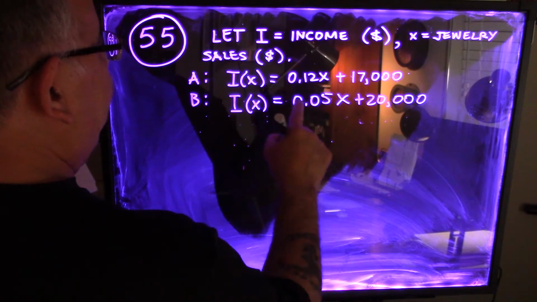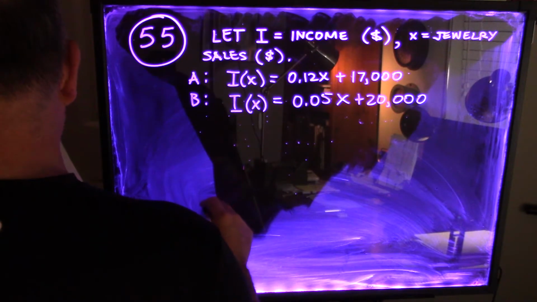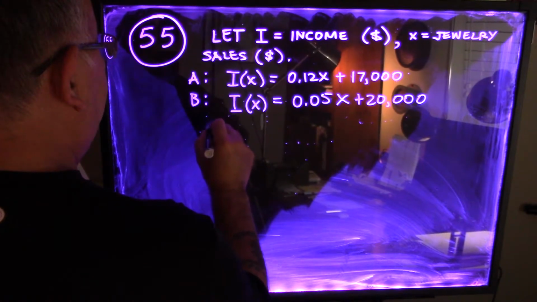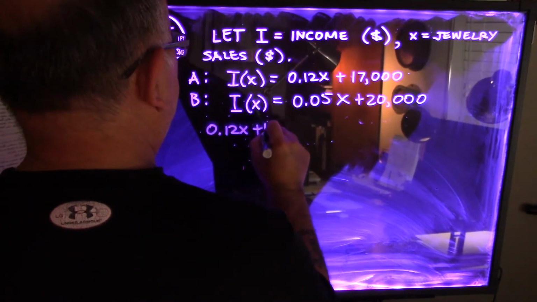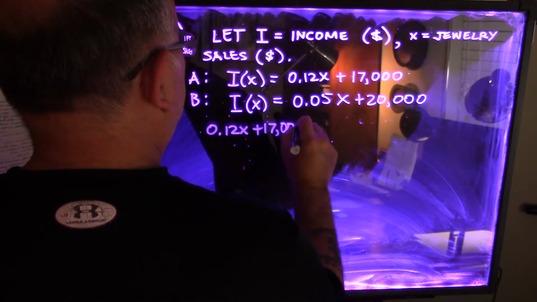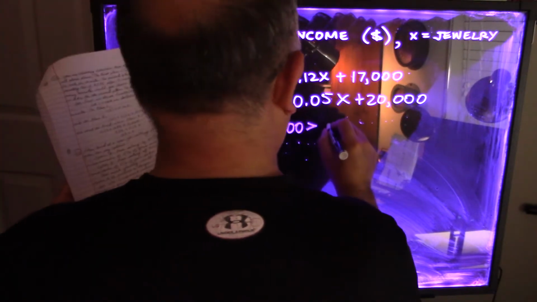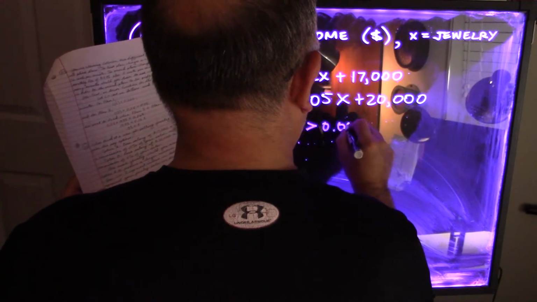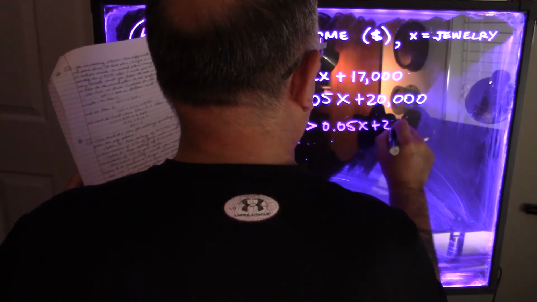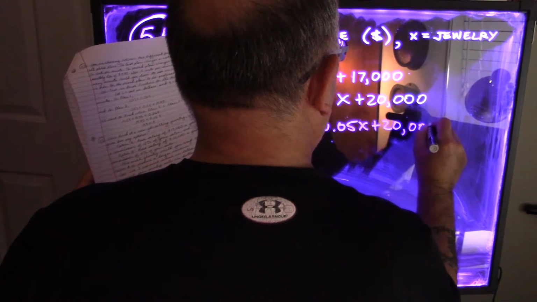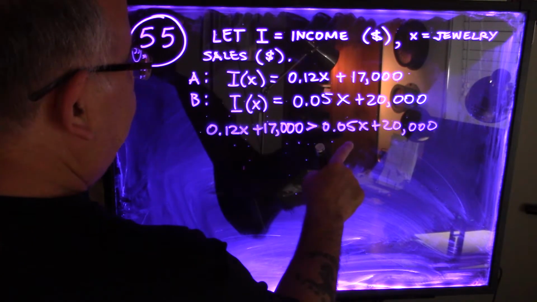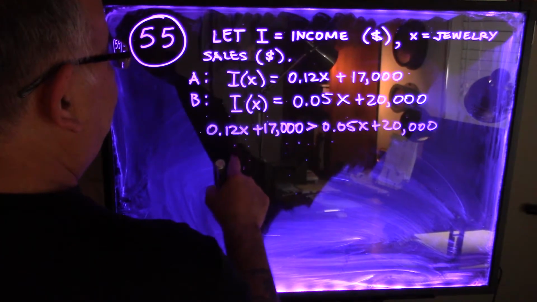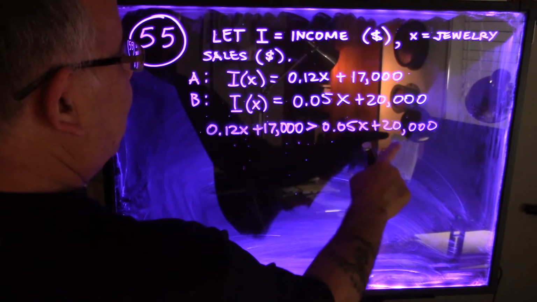So we set A greater than B, or 0.12x plus 17,000 greater than 0.05x plus 20,000. We can subtract 0.05x from both sides and subtract 17,000 from both sides.